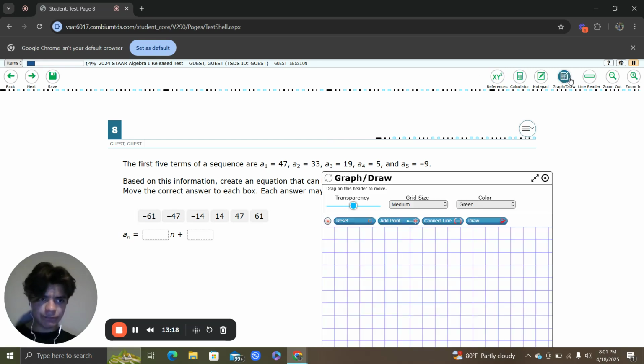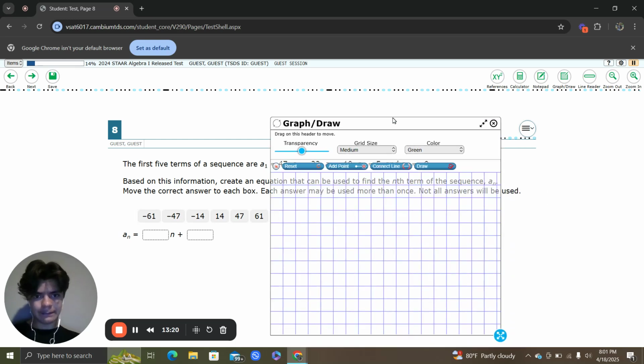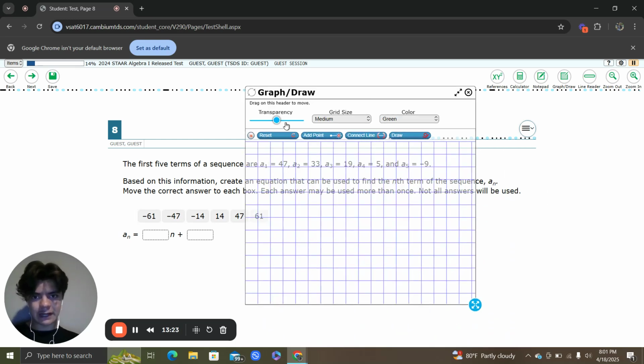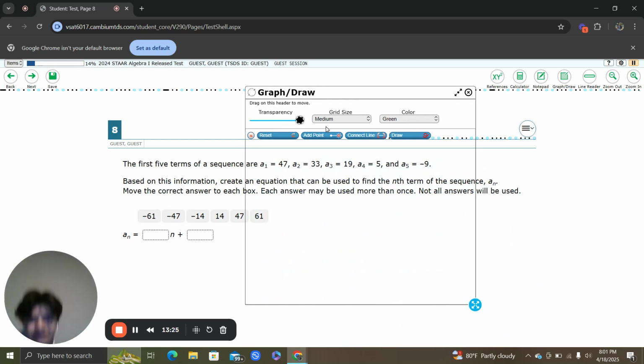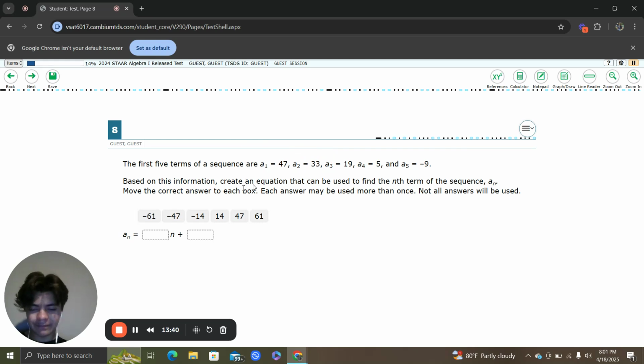So you get your graph or paper, then you just subtract. 47 minus 33, and once you do the math, it's 14. So it's going down, negative 14. That's the first part of it, negative 14.